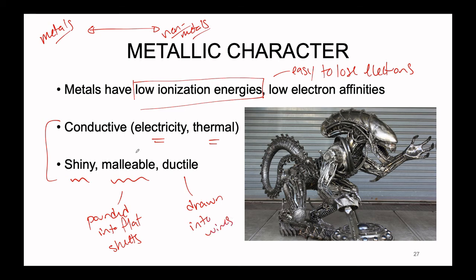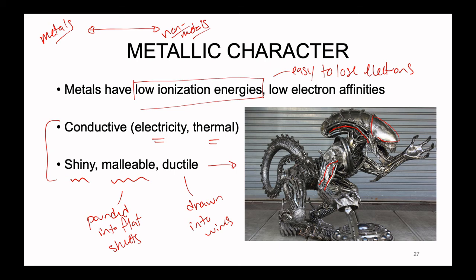The combination of these last three characteristics is what lets us use metals in beautiful art sculptures, like the xenomorph on the right, where there is a great example on the headpiece, where the metal has been pounded into a relatively flat sheet. However, all of these veiny characteristics and the springs loaded in the head are examples of where it's been drawn into thin wires.